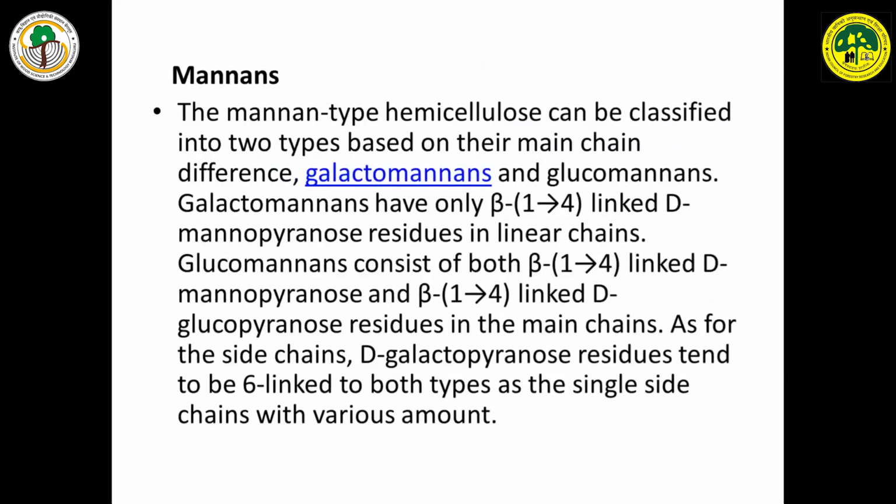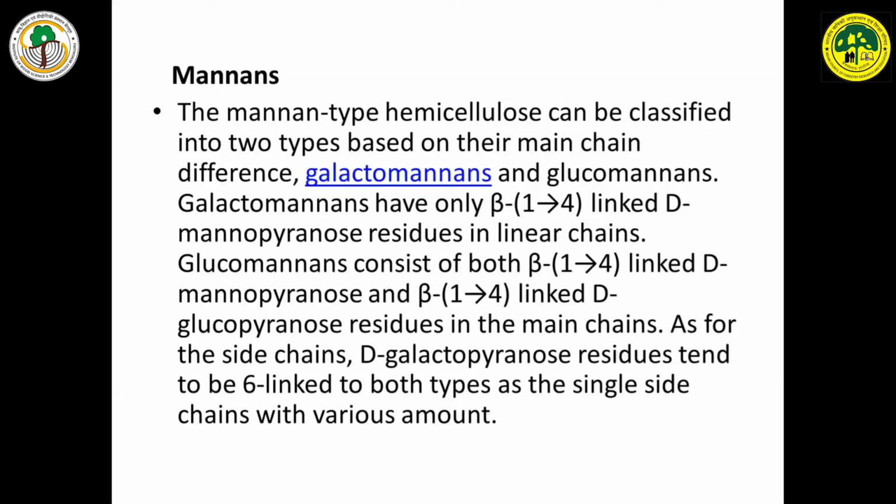Okay, so here the diagrammatic representation is not there, but actually galactomannans contain mannopyranose units. So these mannopyranose units are found in the form of linear chains and are bonded to galactose, which is a hexose sugar. And glucomannans consist of both beta 1,4 linked D-mannopyranose and beta 1,4 linked D-glucopyranose residues in the main chains.